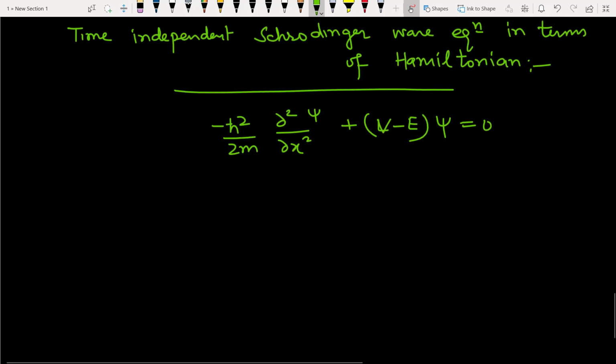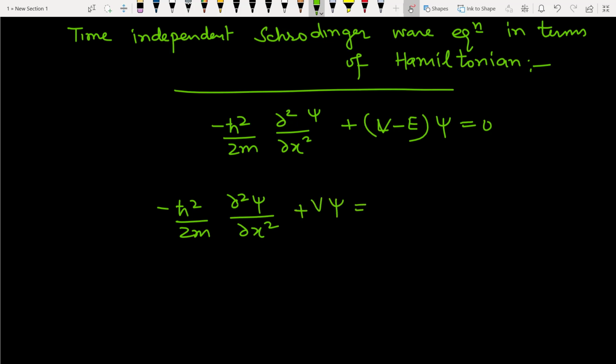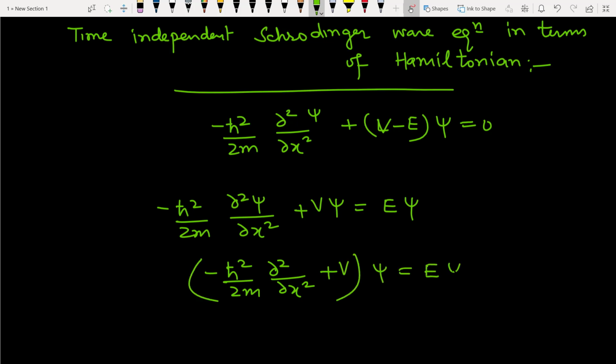So if we simplify this, we can write it like this. ψ is taken common.